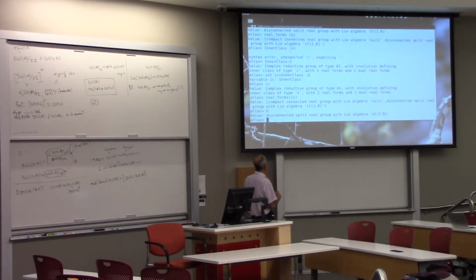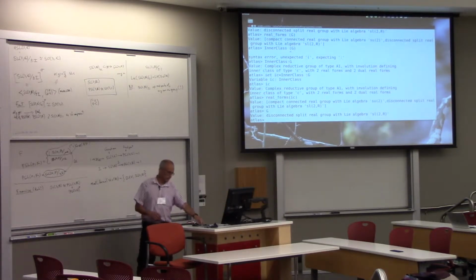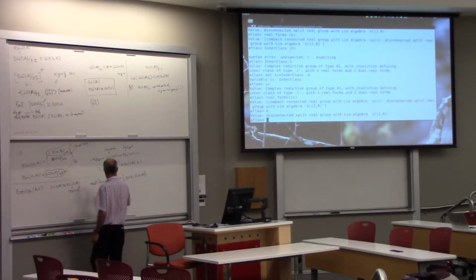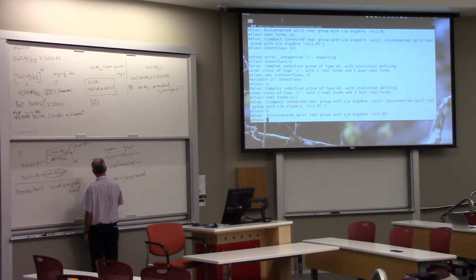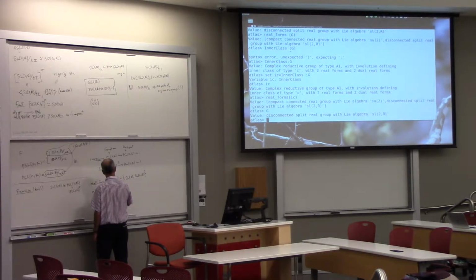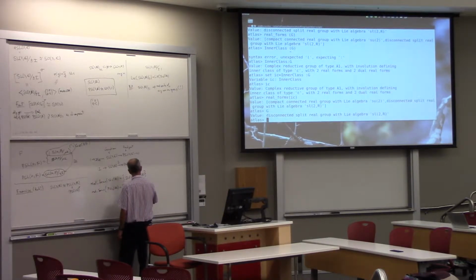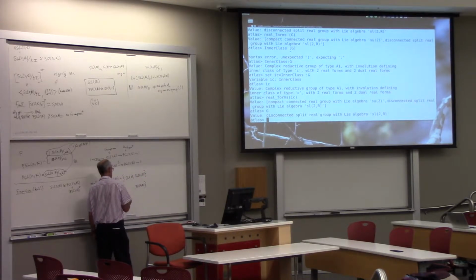So the two groups. Well, if you do real forms of PSL2R, you get PSL2R, which is disconnected. And what do you get here? Well, it's compact, and the compact form is always connected.